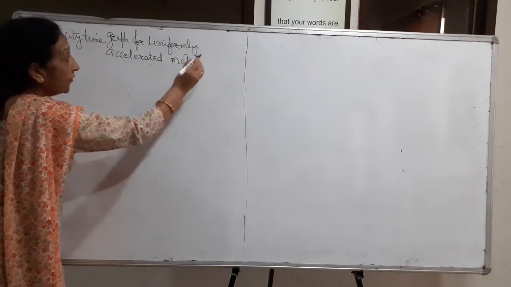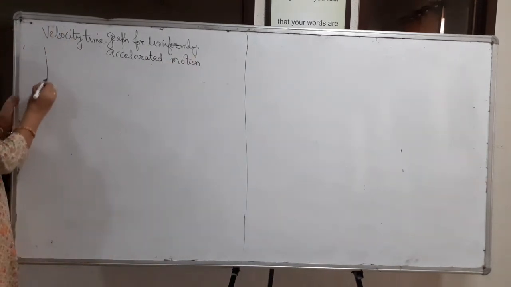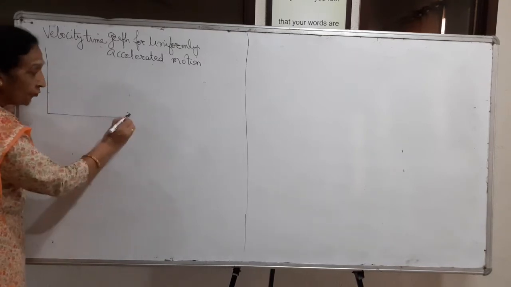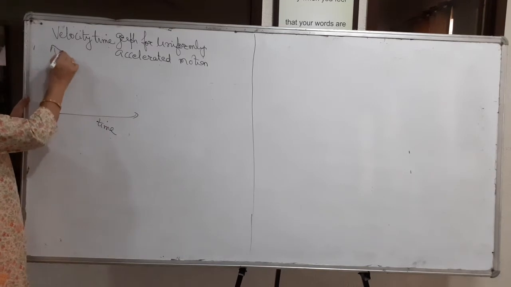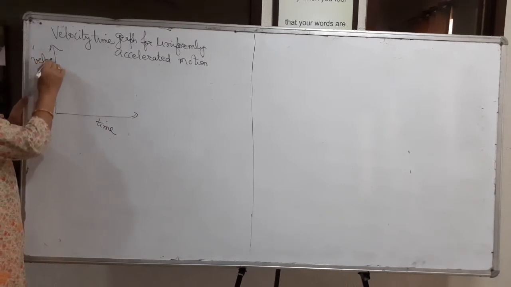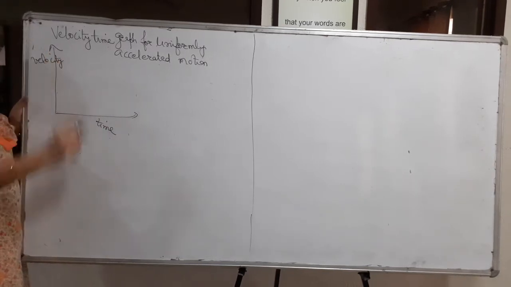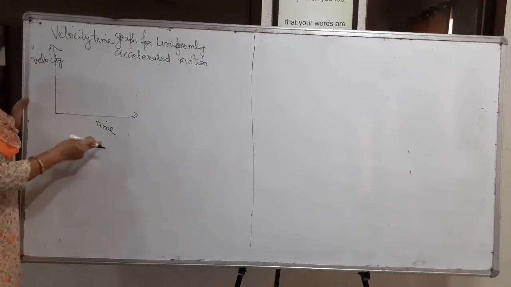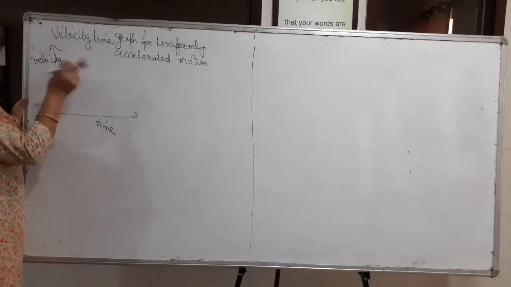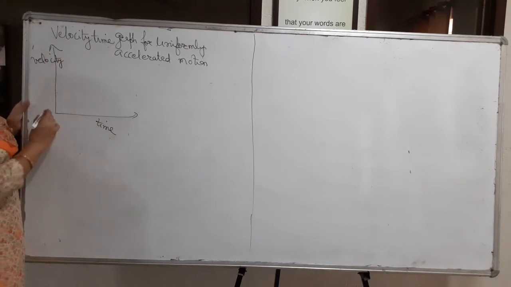As we already know, while plotting a graph, we have to take time along the x-axis and velocity along the y-axis, because time is the independent variable.